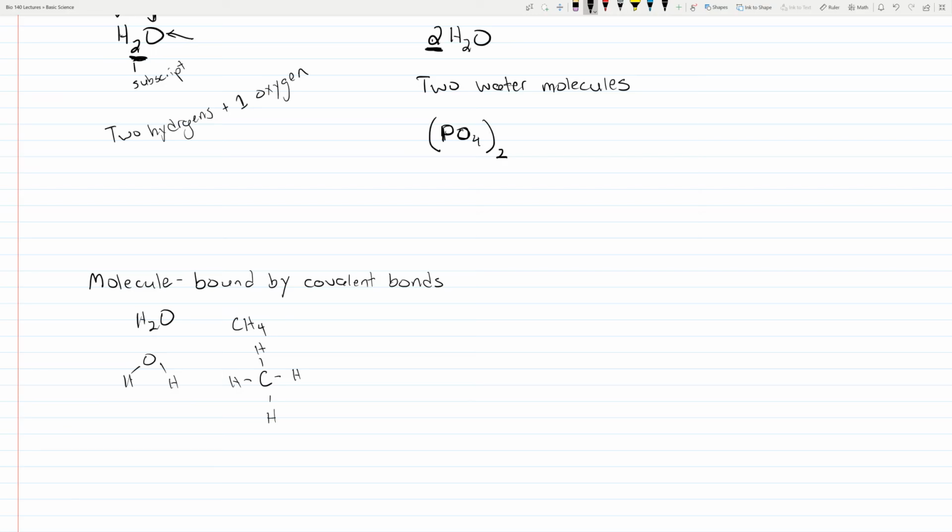Okay. A compound is one or more atoms of different types combined in a fixed ratio.